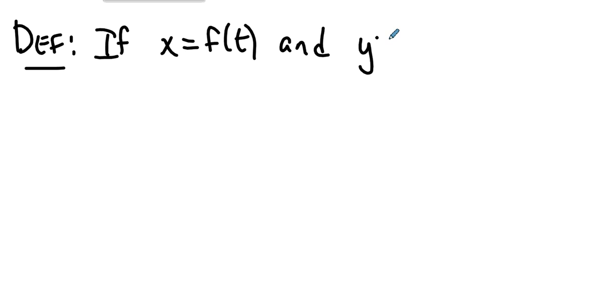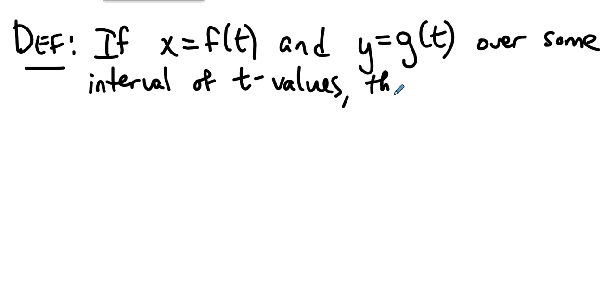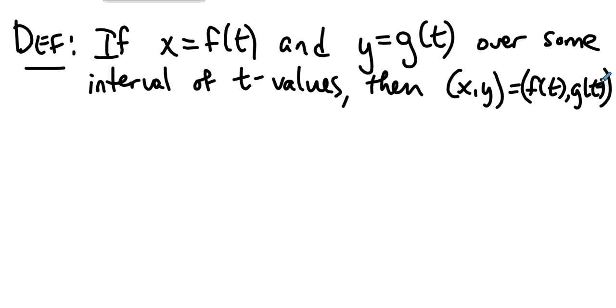So by definition, if x is some function of t and y is some other function of t over some interval of t values, then the set of all points (x, y), which is the set of all points (f(t), g(t)), is a parametric curve.